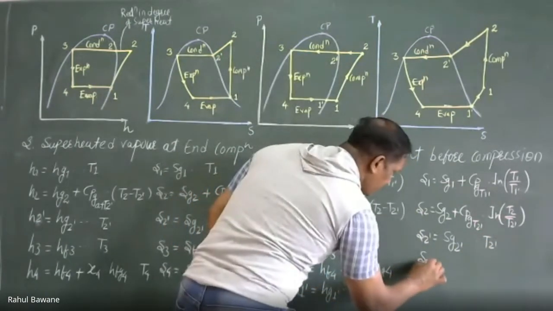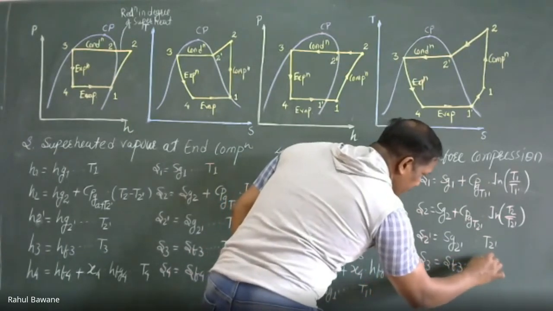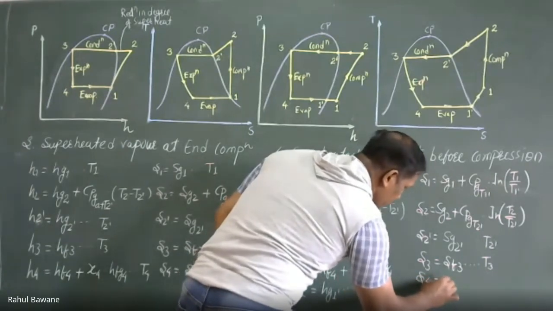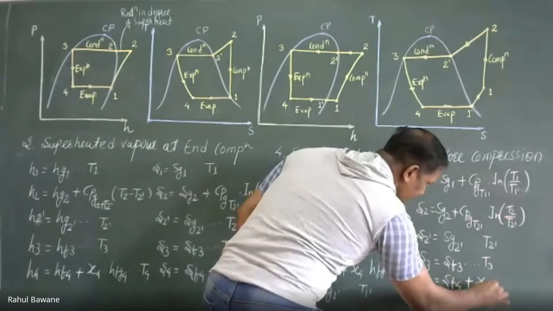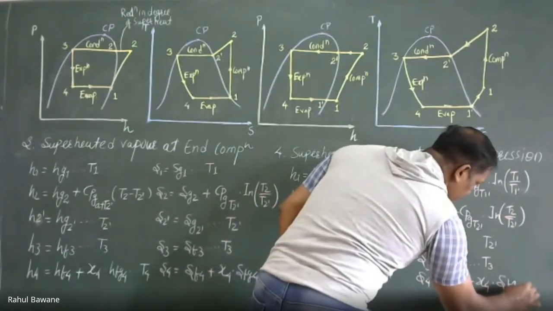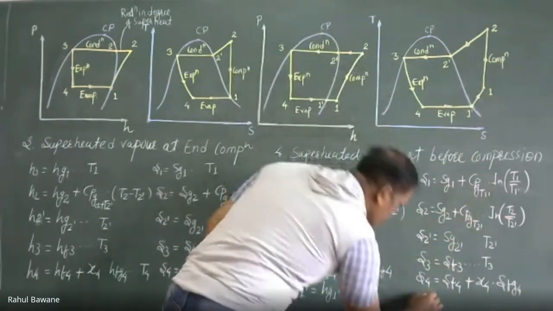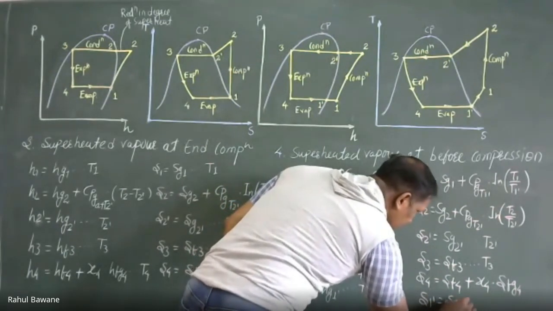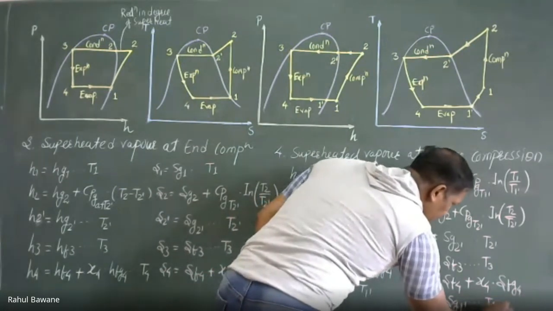Then S3 is Sf3, calculated at temperature T3. S4 is Sf4 plus the dryness fraction at 4 multiplied by Sfg4. And for the last point, 1 dash, the entropy at 1 dash will be Sg1 dash, calculated at temperature T1 dash.